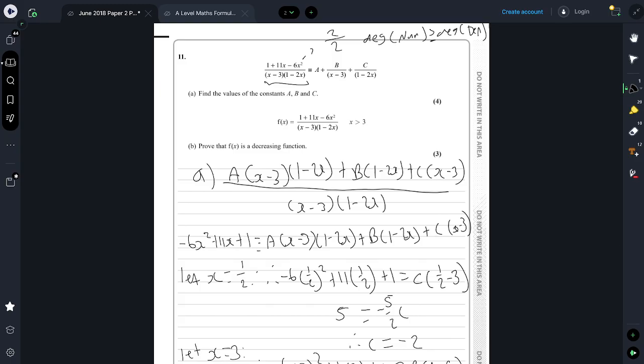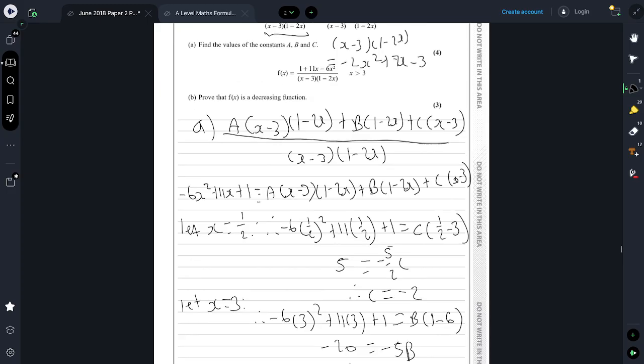x minus 3, 1 minus 2x. And that's going to be minus 2x squared plus 6x, plus x, that'd be plus 7x, minus 3. Plus 6x.